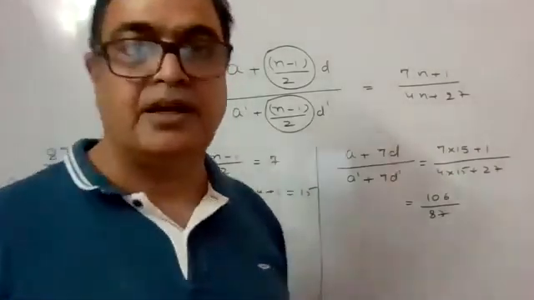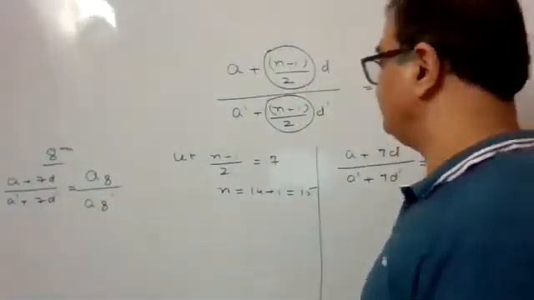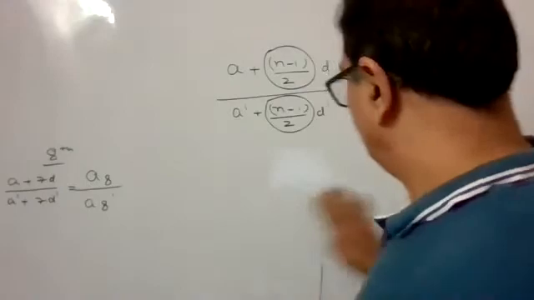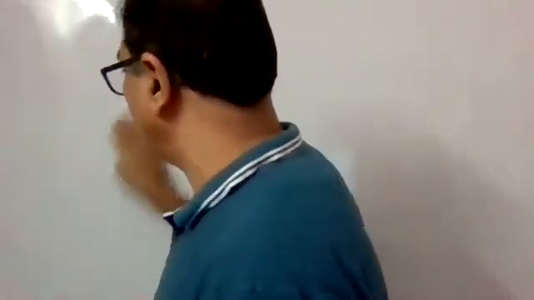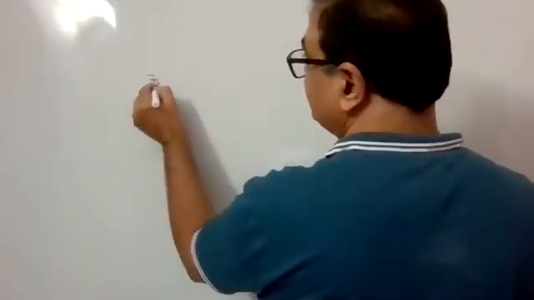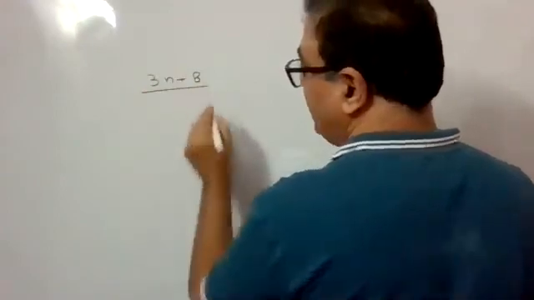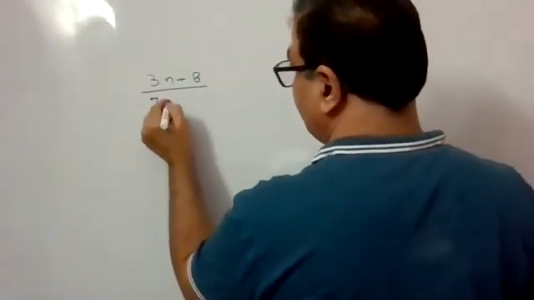The sum of n terms of two APs are in the ratio 3n plus 8 by 7n plus 15.